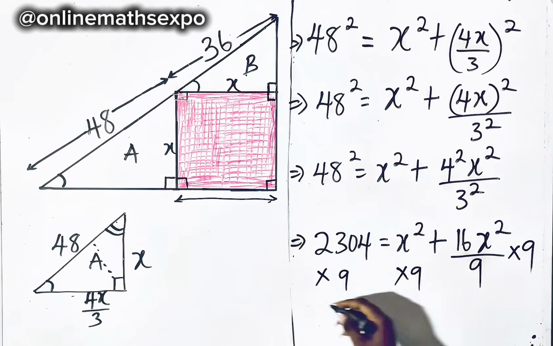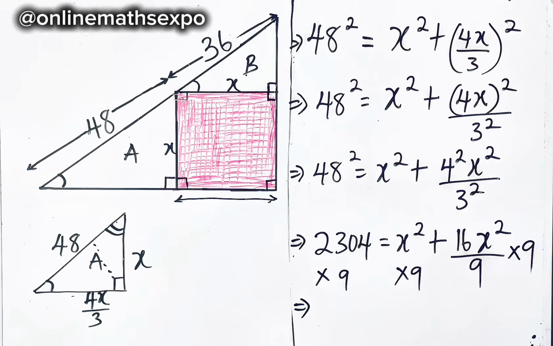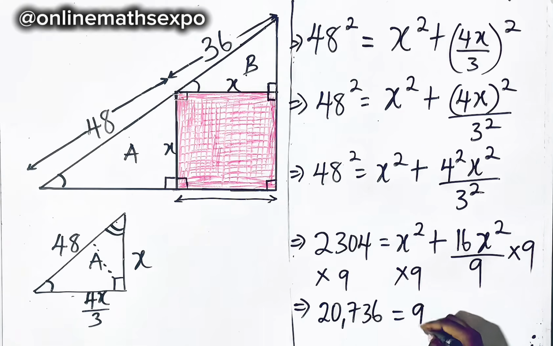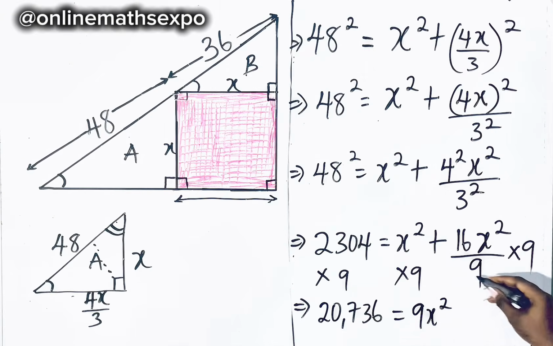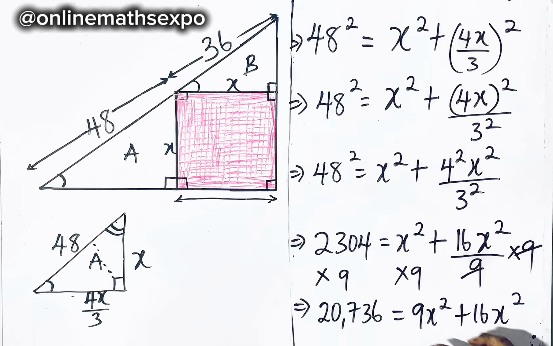Let's keep working out. So we are going to now have 2304 multiplied by 9 gives us 20,736 is equal to x squared times 9 gives us 9x squared. Then multiply this, it goes off. So we have plus 16x squared. So what should we do? We add these two. You see that the powers are the same, so you can add their coefficients.